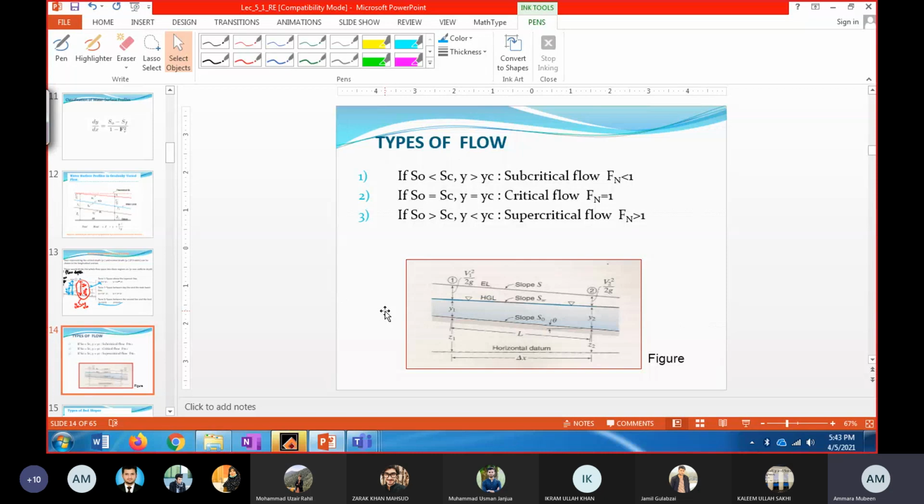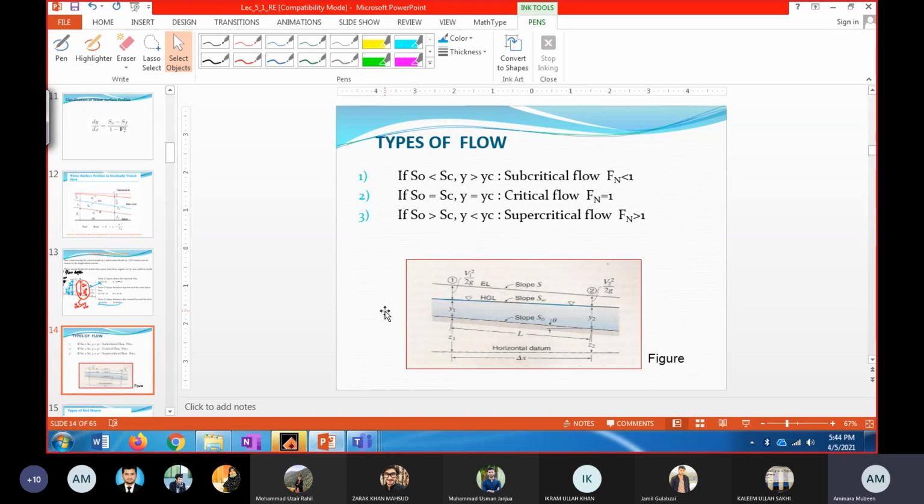So before discussing the type of water surface profile, you know already what subcritical flow is and the criteria for subcritical flow, critical flow, and supercritical flow. In subcritical flow, the bed slope is less than SC, where SC is the critical slope, which can be calculated using the formula and the discharge which is given.